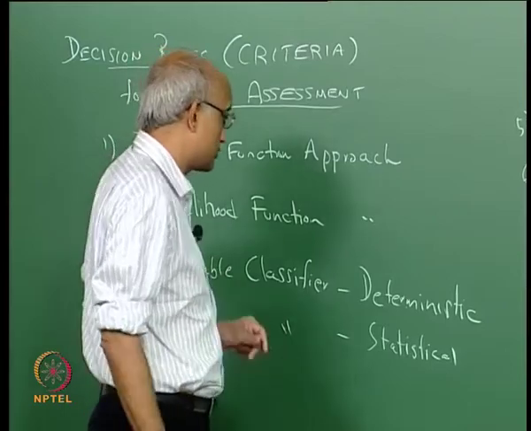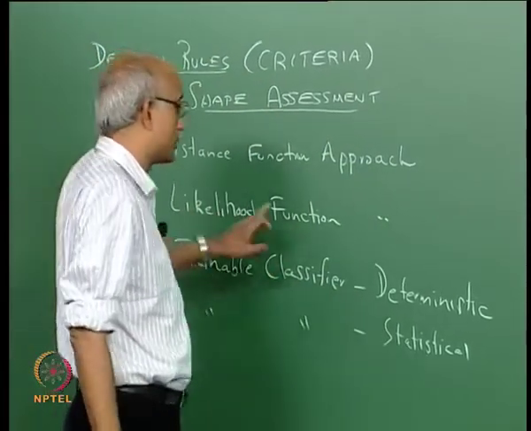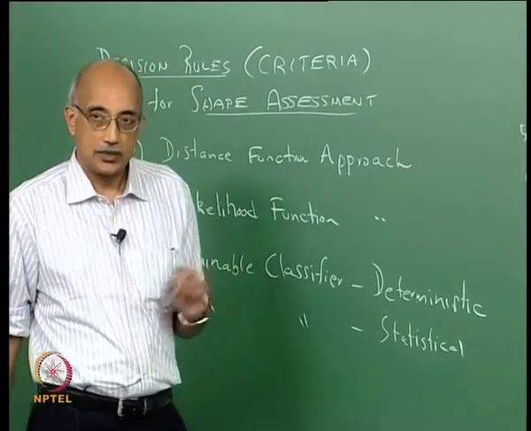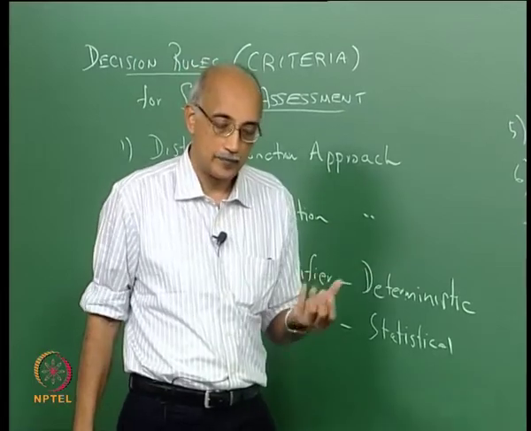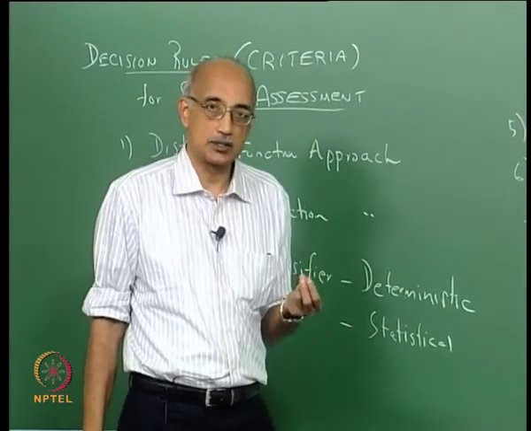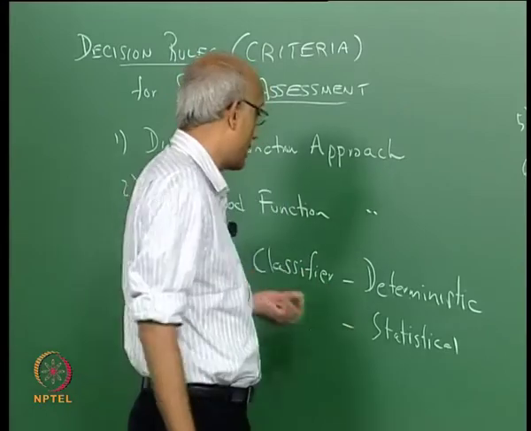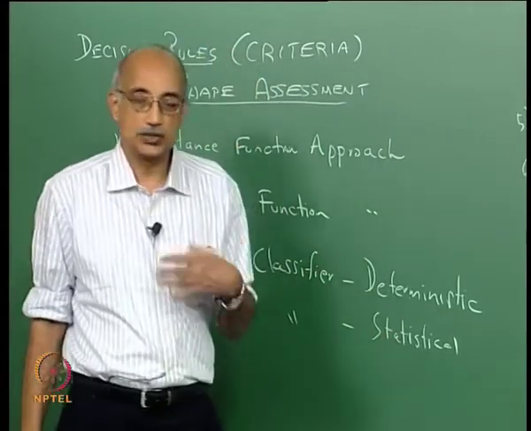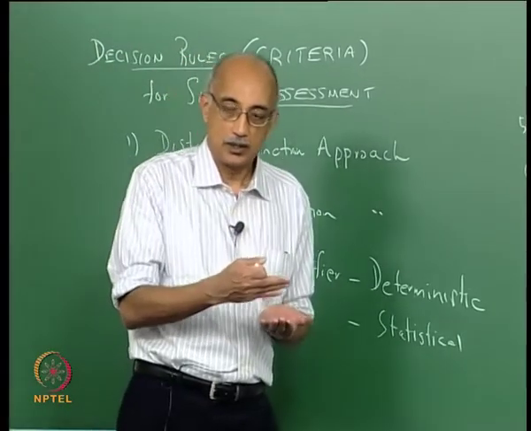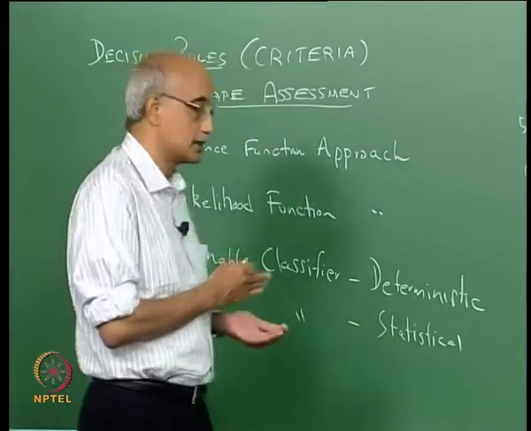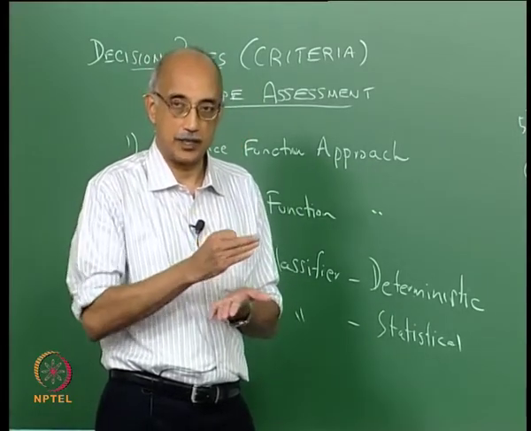And the trainable classifier statistical again is the equivalent to our likelihood function method. So here again, instead of choosing shapes arbitrarily and looking at the probabilities associated with either classifying or misclassifying, you allow the algorithm to choose these shapes in a progressive way by looking at the statistics and trying to minimize the probability of making an error.